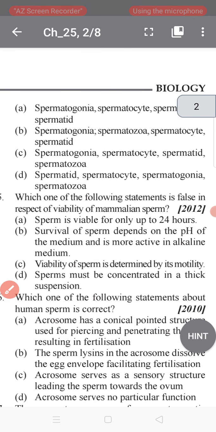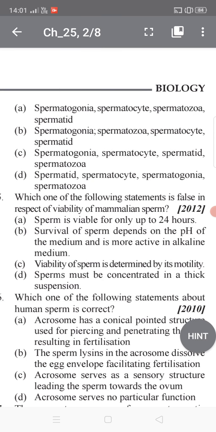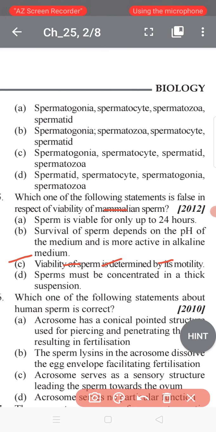Now question 15. Which of the following statements is false with respect to the viability of the mammalian sperm? A sperm is viable for up to 20 hours. Survival of sperms depends on the pH of the medium and they are more active in alkaline medium.